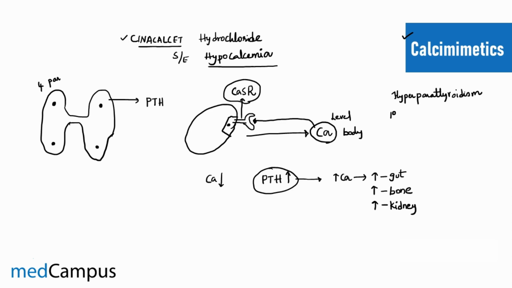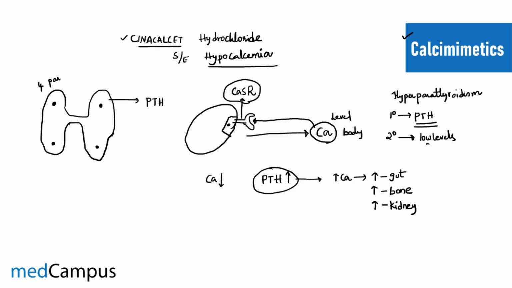In primary hyperparathyroidism, the parathyroid gland itself has some issues, that is parathyroid hyperplasia or parathyroid tumors. They release more parathyroid hormone, and this has nothing to do with the body levels of calcium. In secondary hyperparathyroidism, it is a bit different. Secondary hyperparathyroidism is because of low levels of calcium in the body.